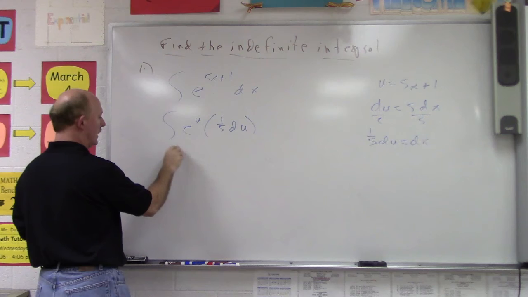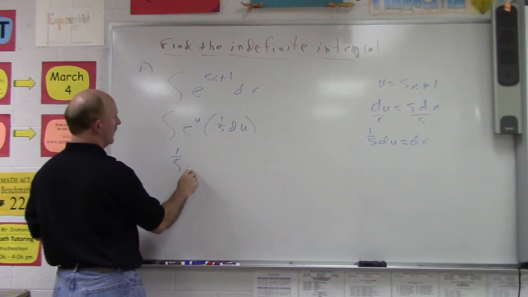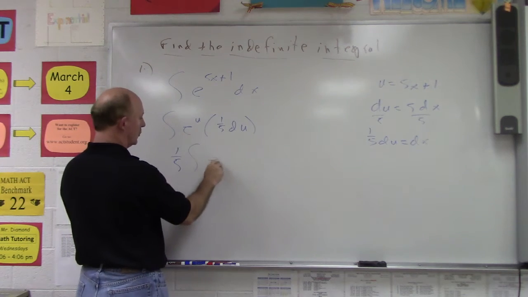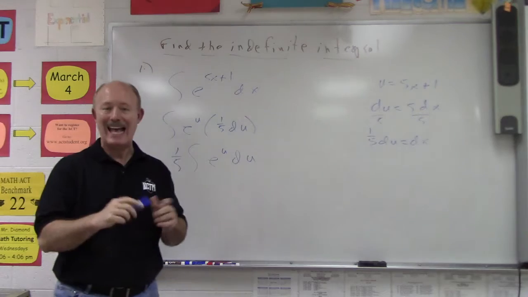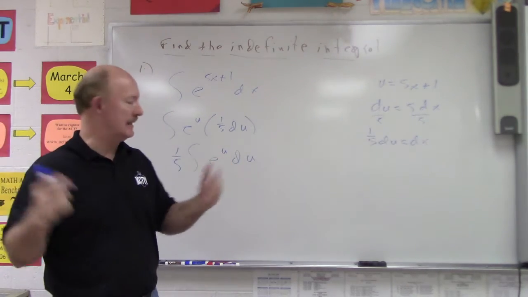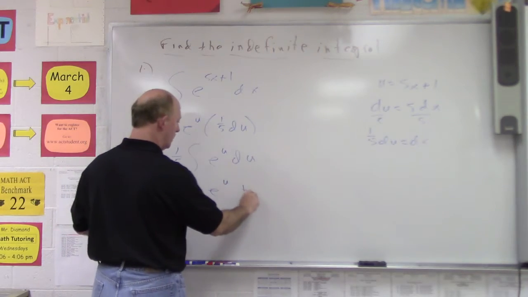Now we can pull the 1/5 out front, so it becomes 1/5 integral e to the u du. All right, so there we go. So we should see that e to the u. Now the antiderivative of e to the u is itself. Right, so as we integrate here, it becomes 1/5 e to the u plus c.